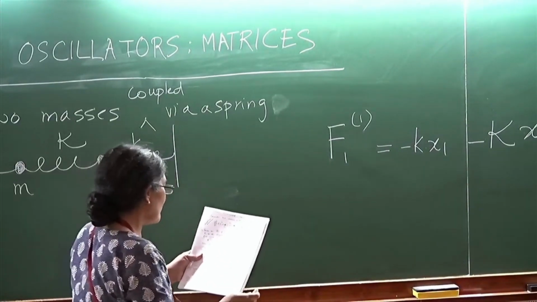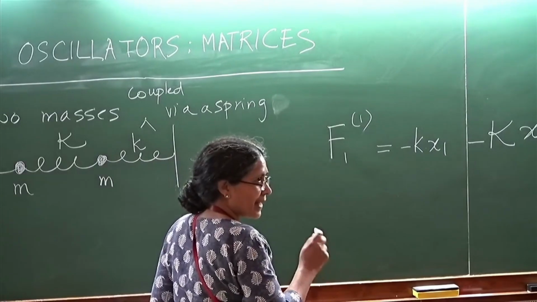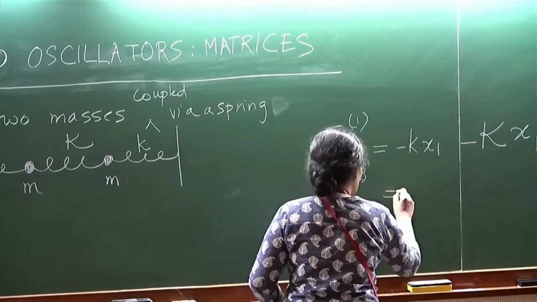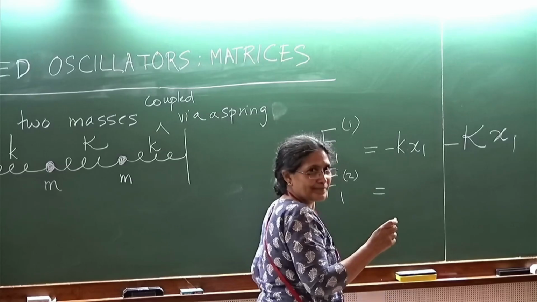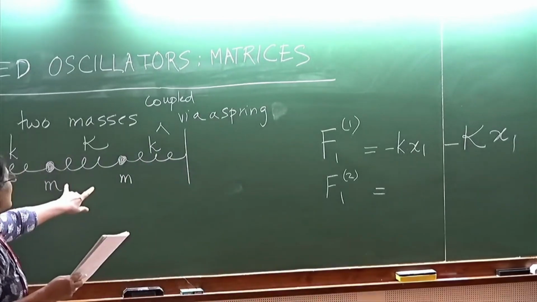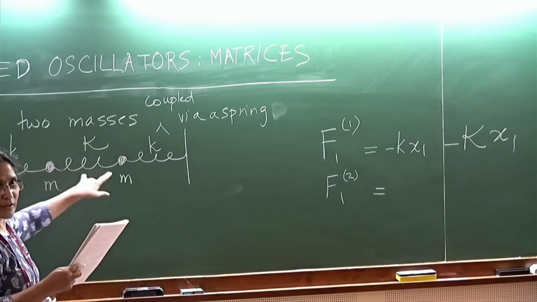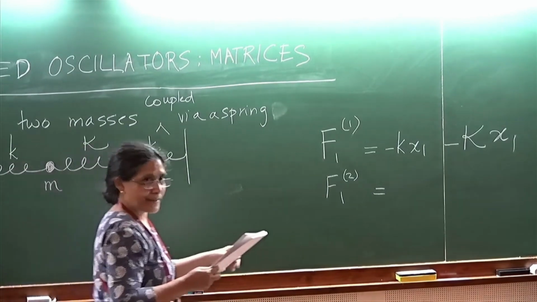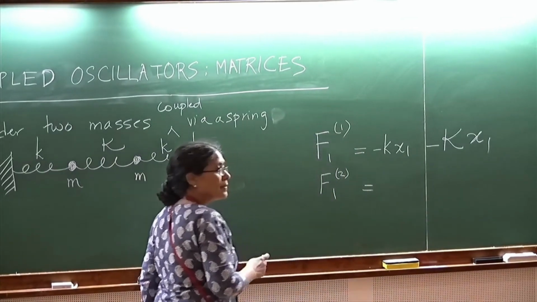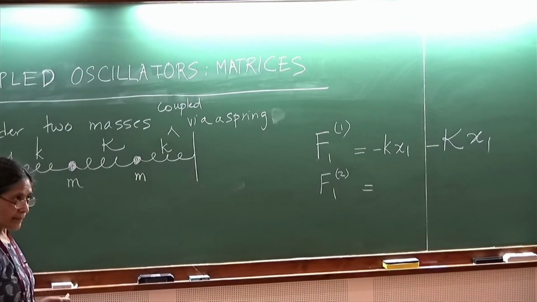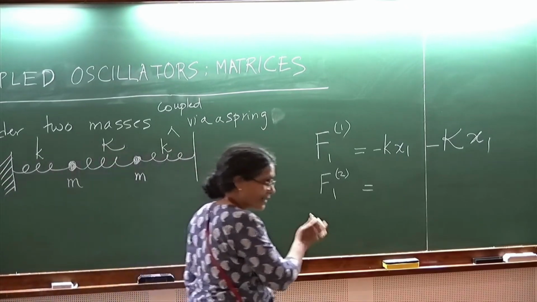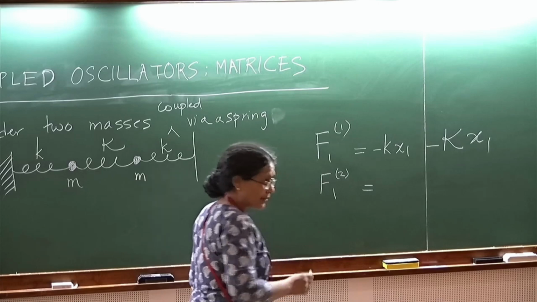Now, the force on the first mass, when there is a displacement x2 of the second mass, is F1 is what? Kappa is the spring constant of the spring that is coupling these two oscillators. No, for the moment it's x1. It's due to the displacement x1.